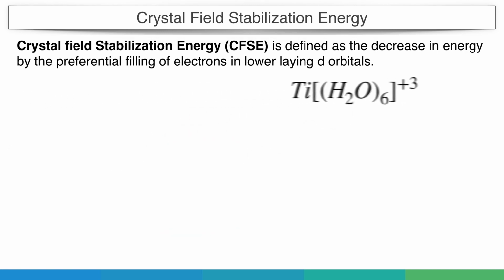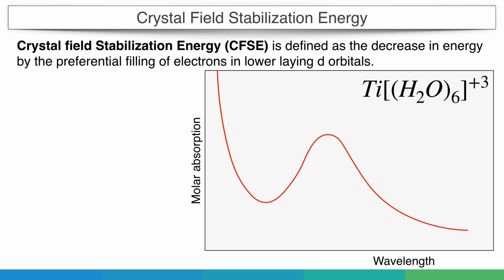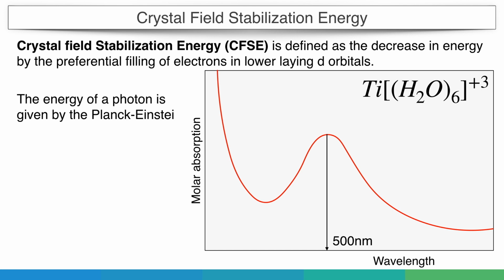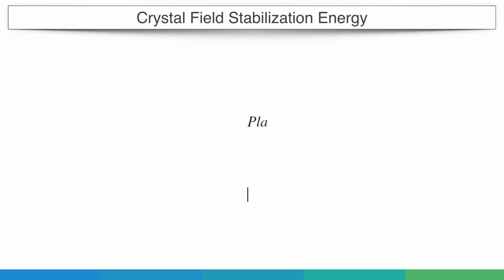The absorption spectrum of the complex is shown here, and you can see that there is only one maximum at around 500 nanometer wavelength. So, from the wavelength absorbed, we can calculate energy by the Planck-Einstein relation, which is: energy of a photon is equal to hc by lambda.